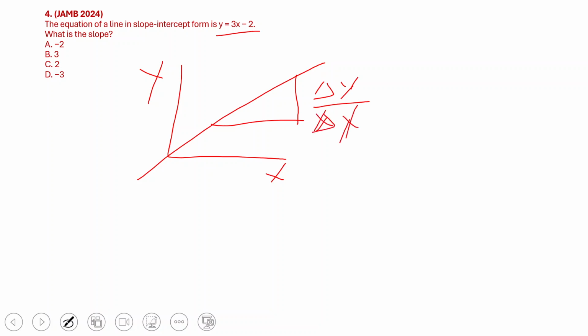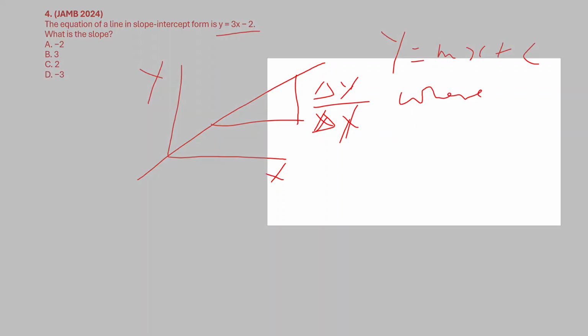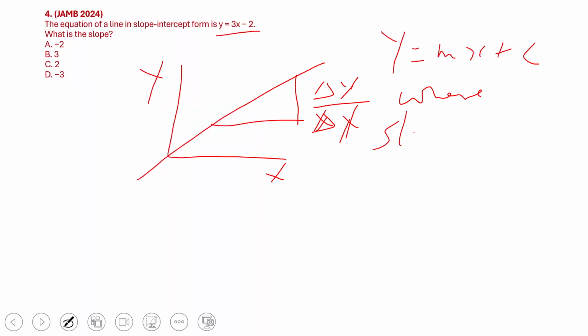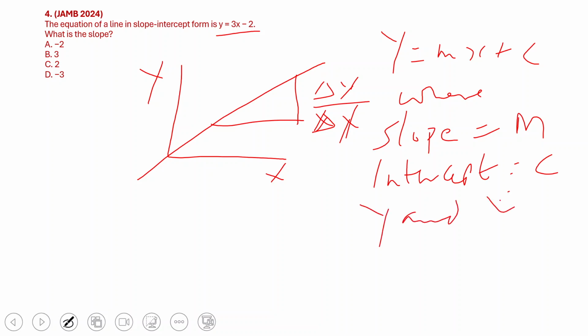Normally, if you have y equals mx plus c, we define the slope as the coefficient of x, which is m, and the intercept is c. y and x are variables, right?